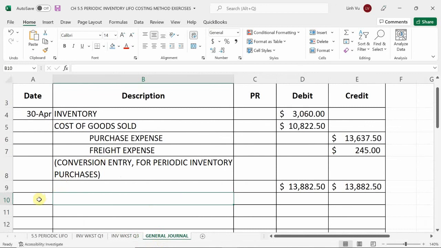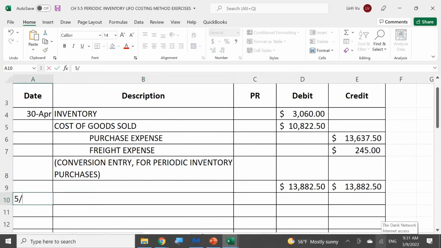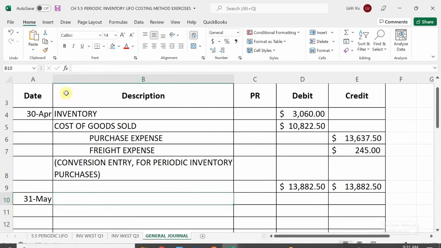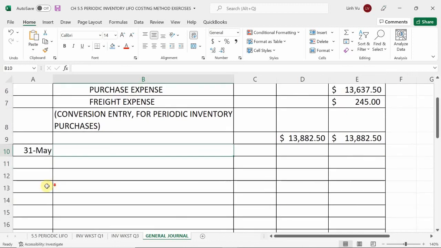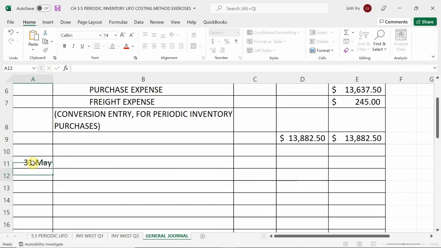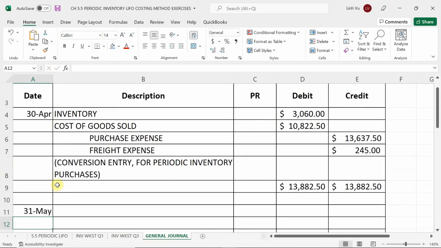our conversion entry. Okay, so this time it's on May 31st. Conversion entry, what is it going to include? It's going to include inventory. What else? Cost of goods.